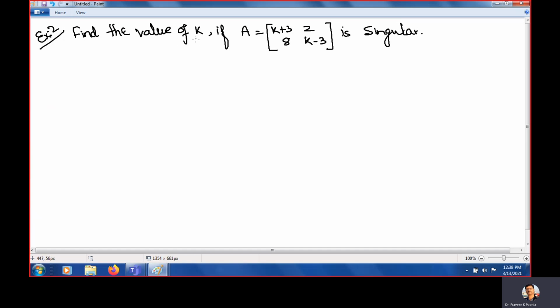The question is you need to find the value of k if this matrix is singular.